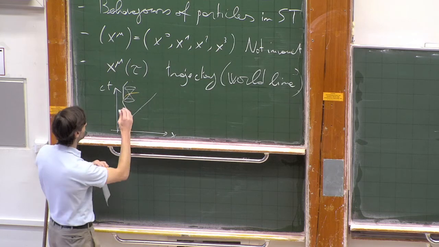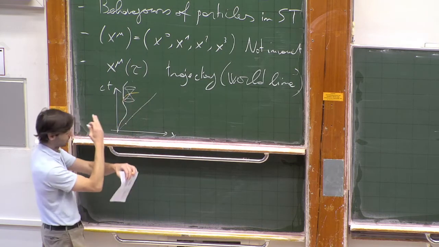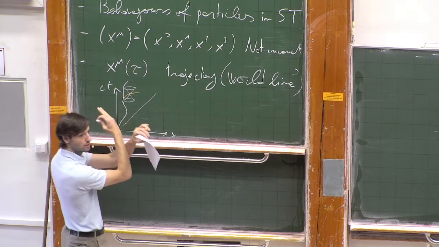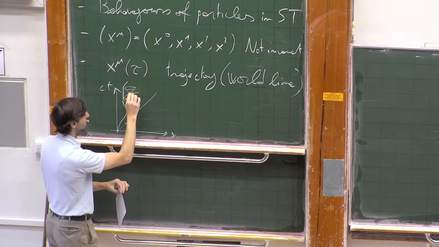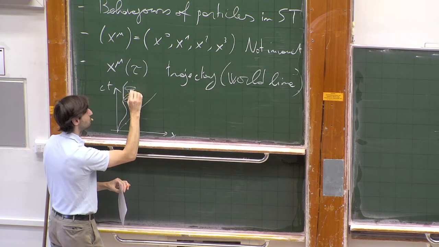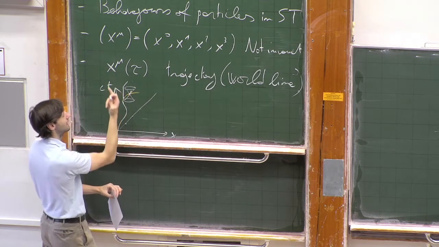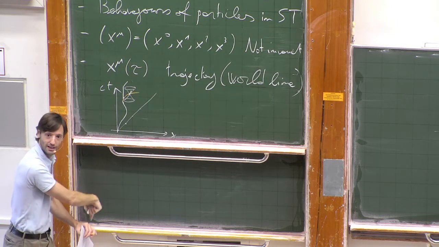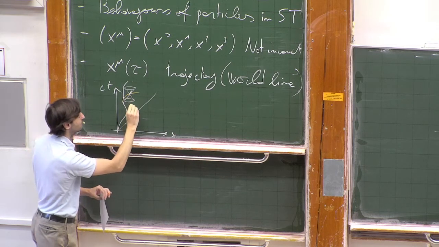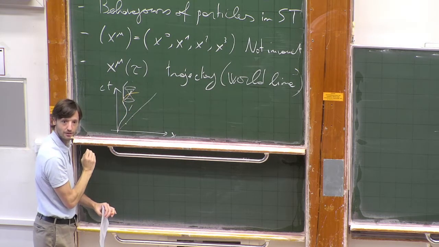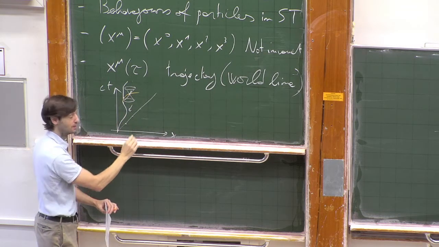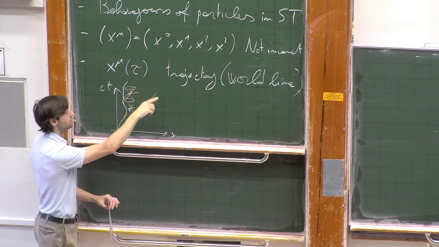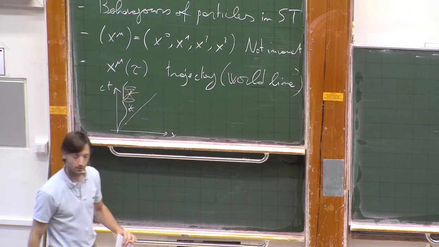Therefore, at each location, the particle is carrying its own light cone, and it must stick to the rule: I am a massive particle, I can move only in this direction, forward in time, not back in time. So you cannot have a particle that is going in this direction. This is not allowed. And these are the so-called world lines.